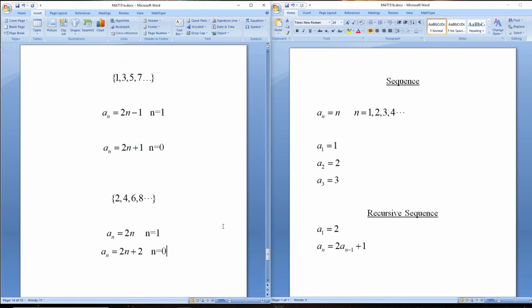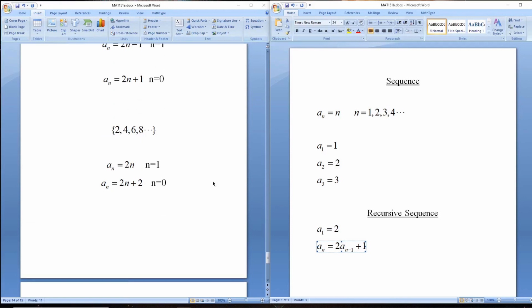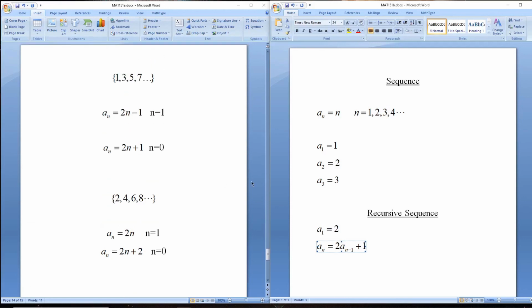And that is section 11.1. It's about sequences, recursive sequences, and the summation symbol. And I will see you in the next video.